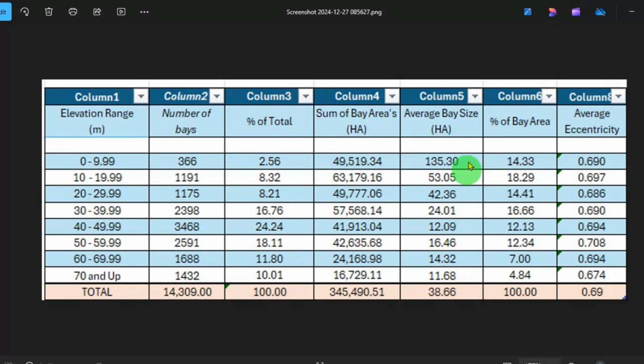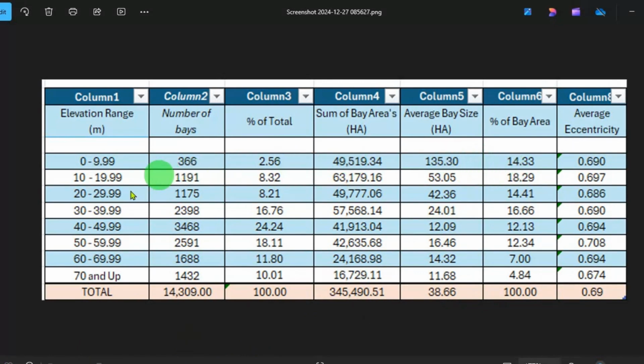When you come down to sea level, they're 135 on average, and it's just a straight increase all the way. Depends how you look at it. From sea level up, the bays get smaller. From higher up to sea level, the bays get larger, and that's kind of interesting to see.